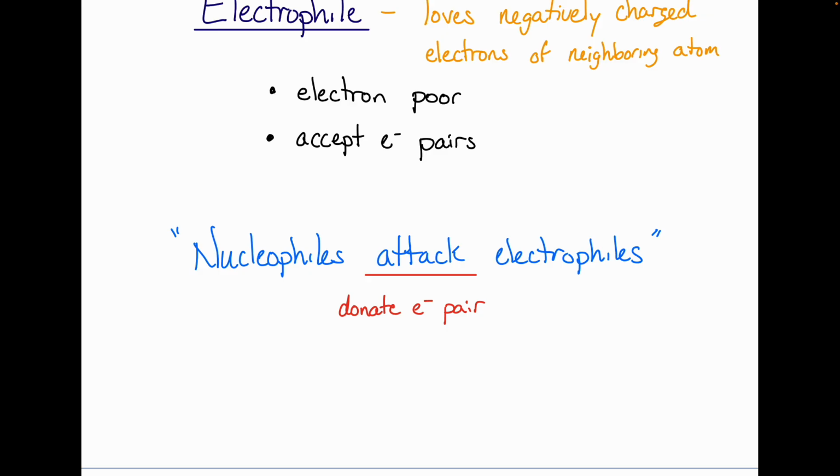Okay, so let's talk about different molecules that would fall under these two categories here. The ones that I think are easier to identify are the nucleophiles. So let's start there.